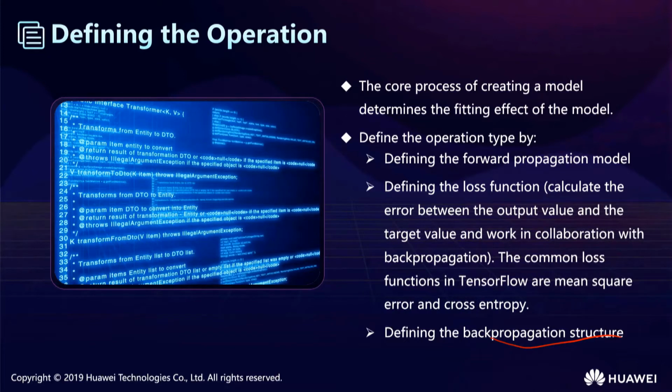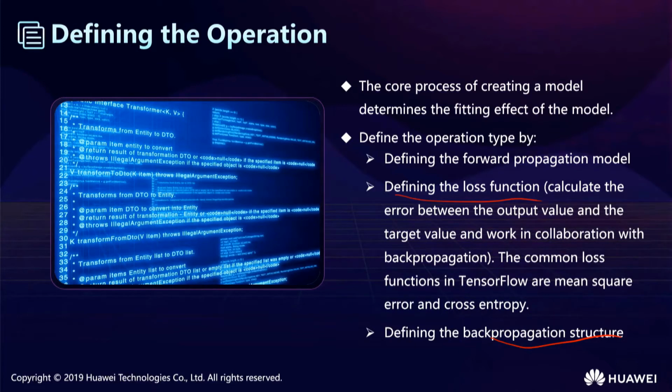The first operation determines how the model uses the data to get the result, and the second operation defines the loss function to measure the distance between the result and the real labels.